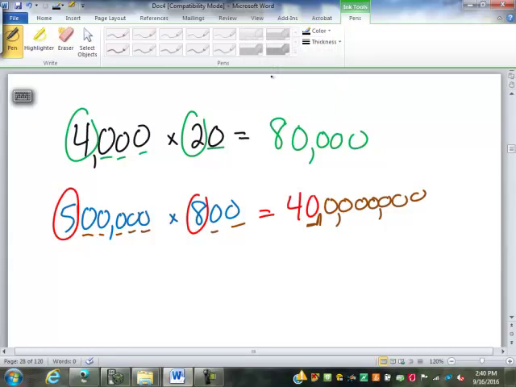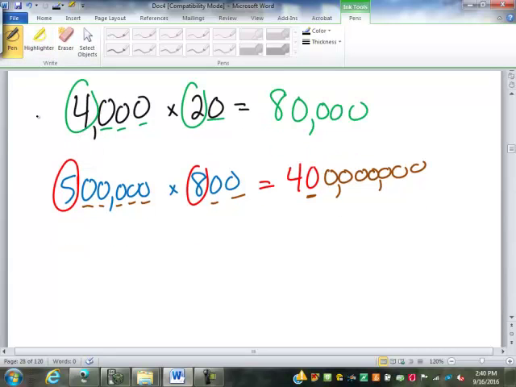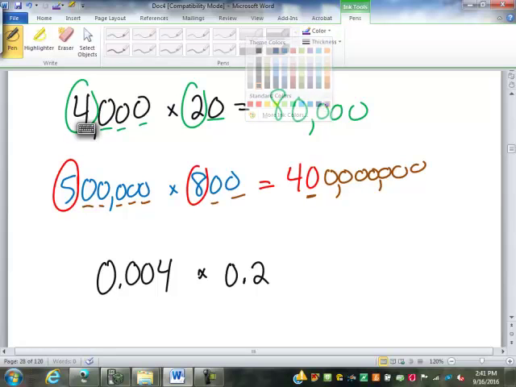Well, when I'm working with decimals, I have something similar to that. If I have 0.004 multiplied by 0.2. Well, 4 times 2 is 8, just like it was up here. But up here, I combined my zeros.